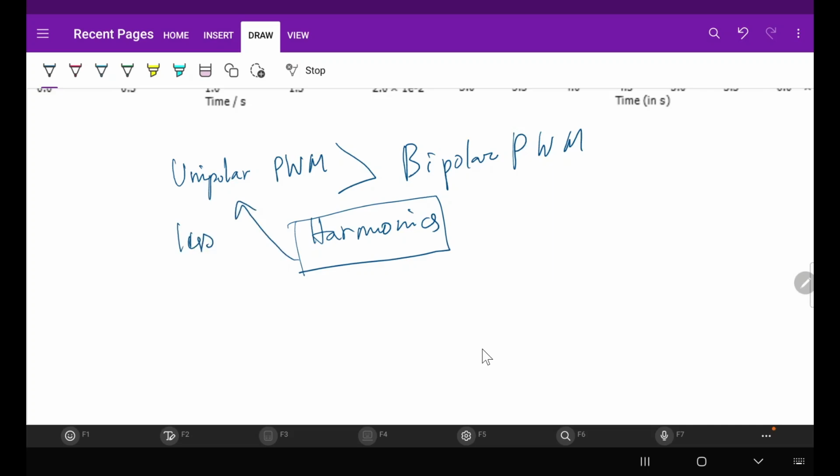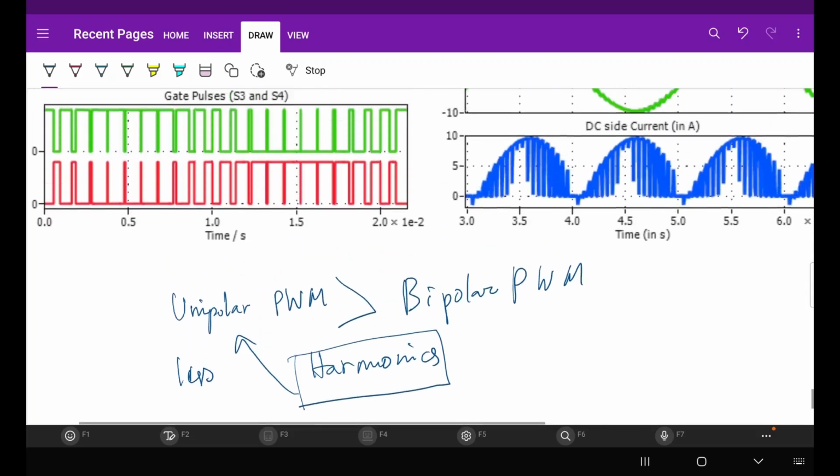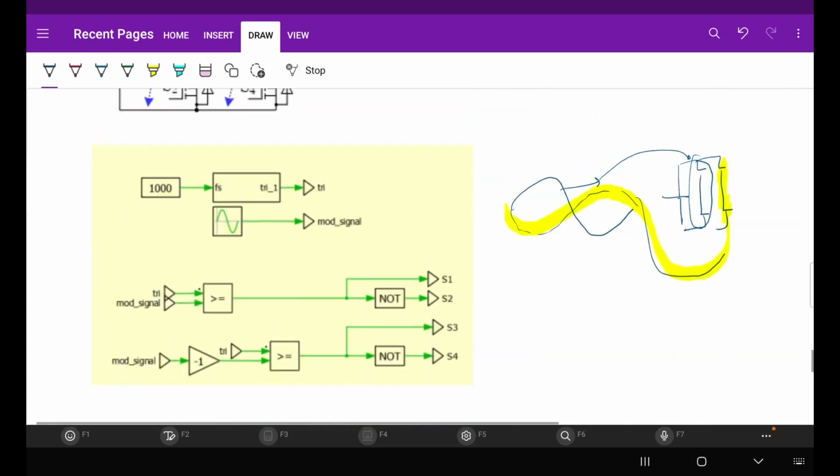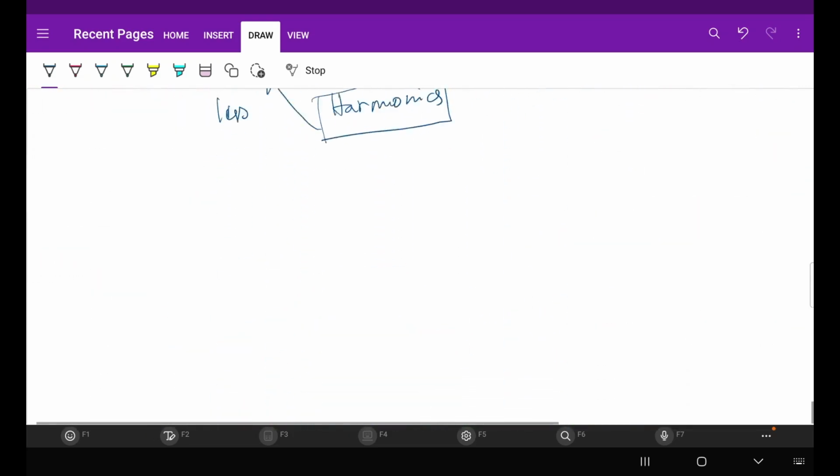That's why it is better. So we will conclude our discussion of unipolar and bipolar at this point, but we will revisit a few parts of anti-parallel diode operation and other things a little more in the next part.